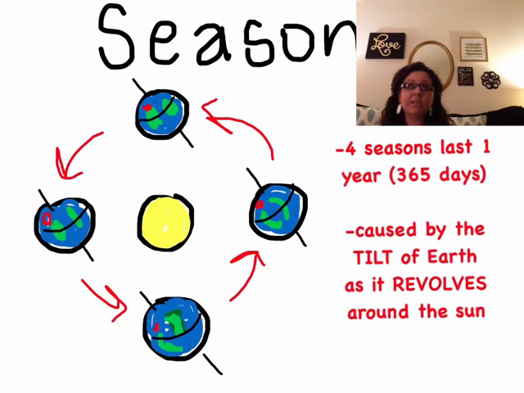So that's what I'm going to be looking for, as well as for you to remember that revolution has 4 syllables, which can help us remember that revolution causes the 4 seasons because the Earth is tilted on its axis. So be ready for class tomorrow, and we are going to learn even more about the reason for the seasons and make sure that we understand exactly how it works.